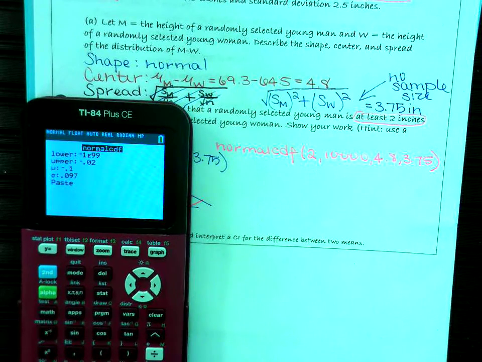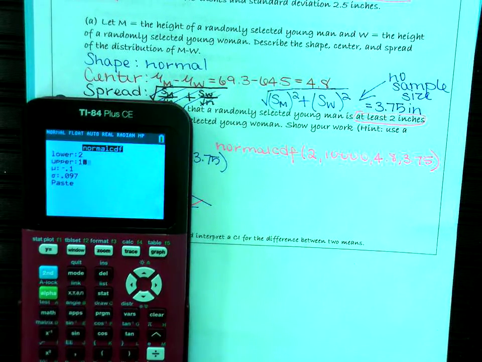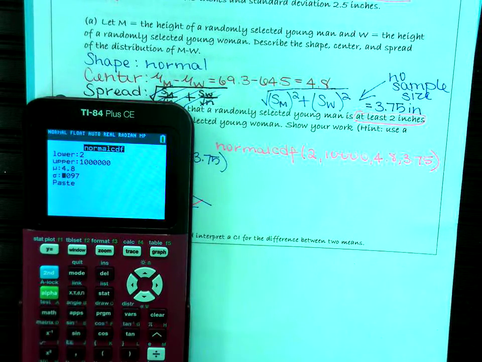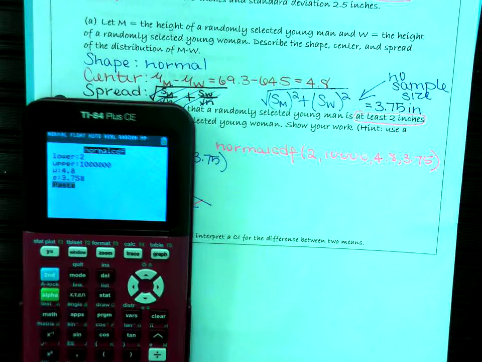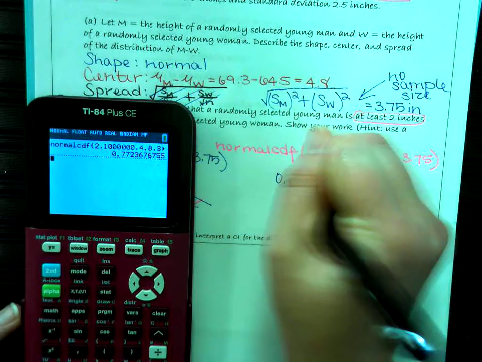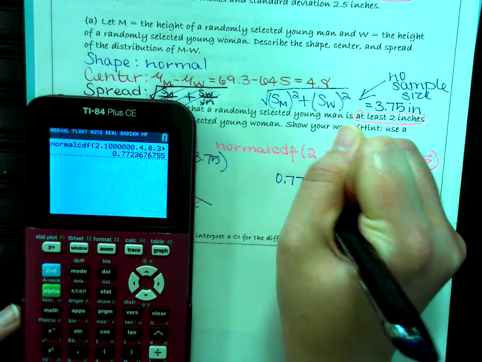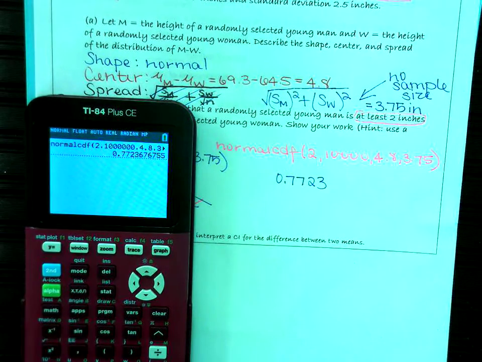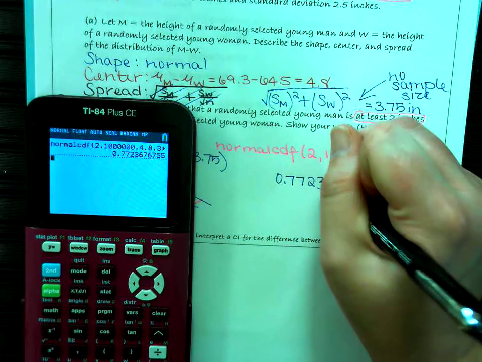What is it? Spoiler alert. The answer is 0.7723. So probability is 77%. What rounding is that? 0.7724, if you're going to say it like that.